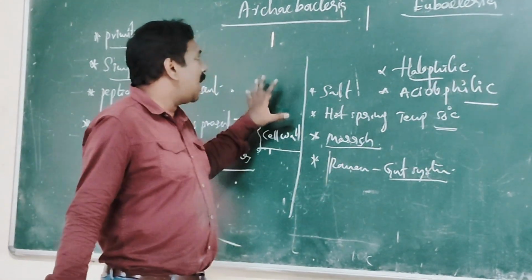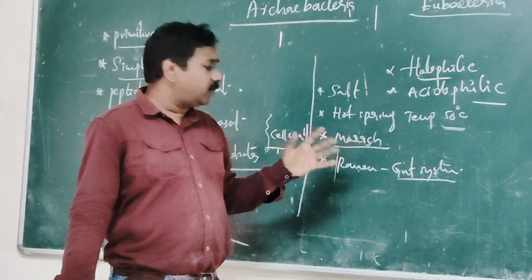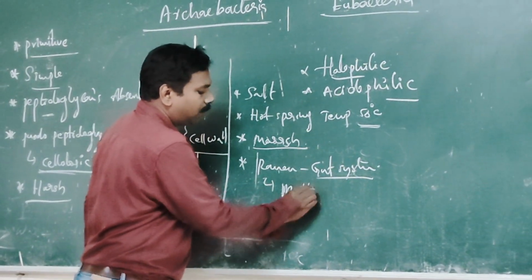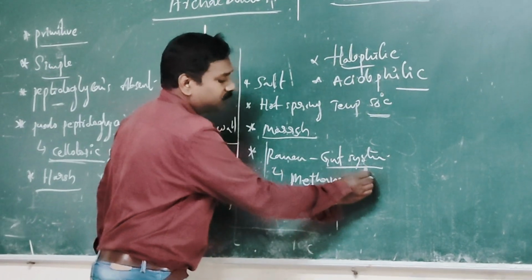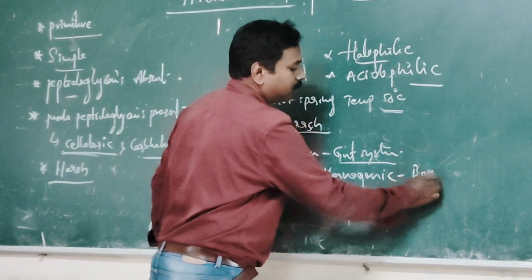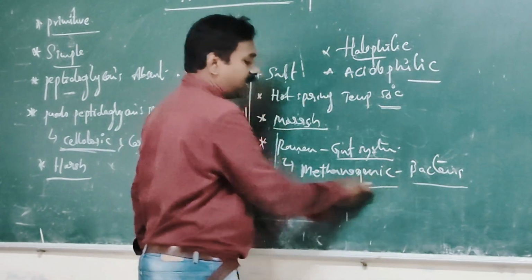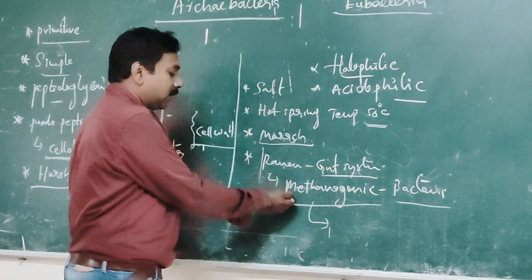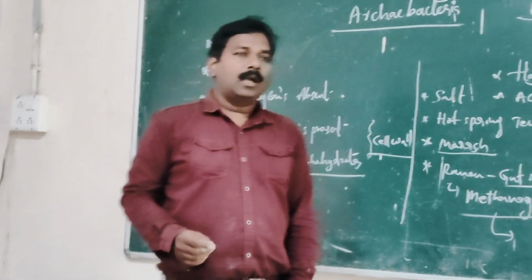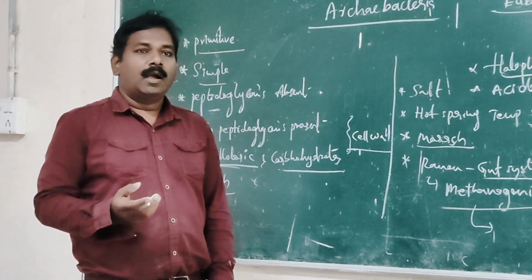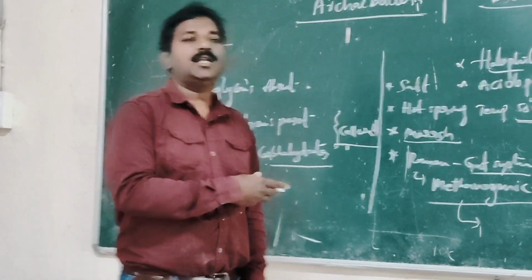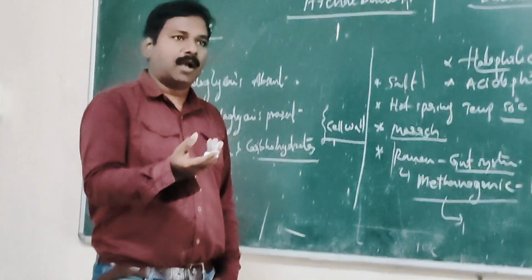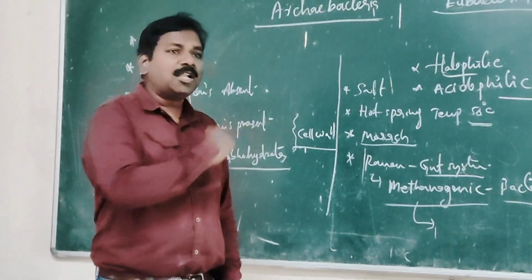These are known as methanogenic bacteria. Many times exams ask about methanogenic bacteria, like Methanococcus. This bacterium is present in the animal intestine and in animal dung, called gobar in Hindi.